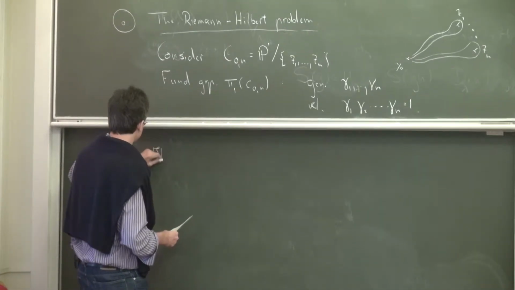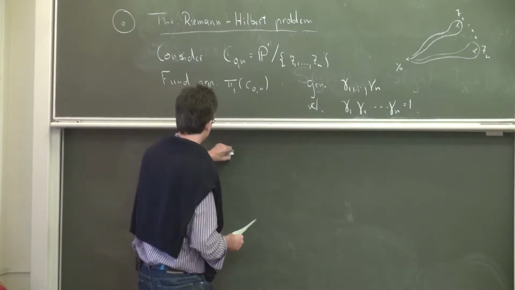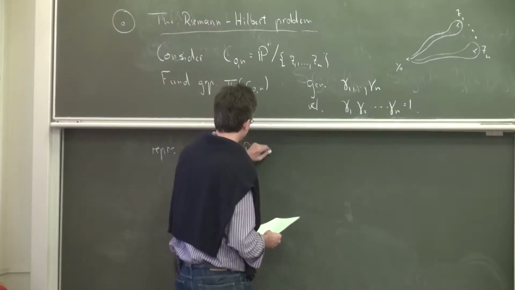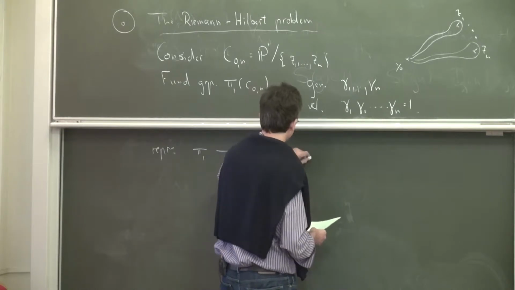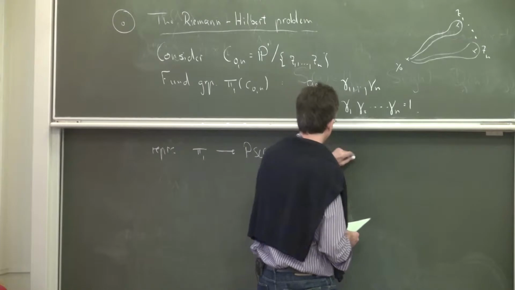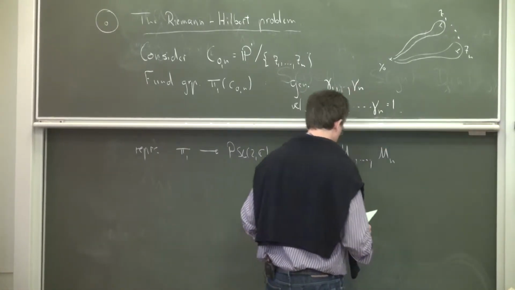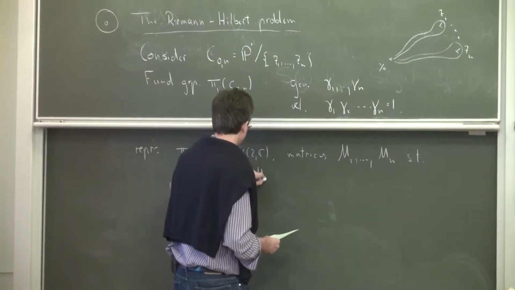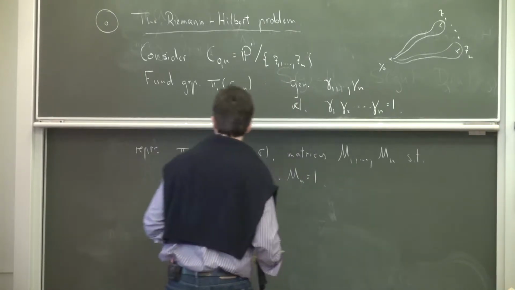Now we're interested in representations from pi1 into PSL2C, which will be described by a collection of matrices representing the generators, M1 to Mn, satisfying basically the corresponding relation. That is probably obvious, needs not to be written.